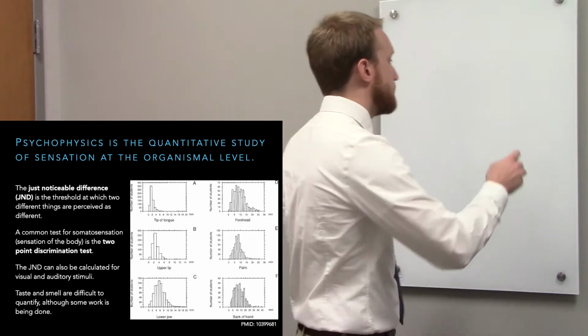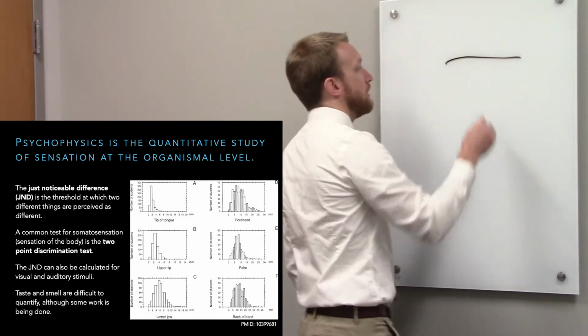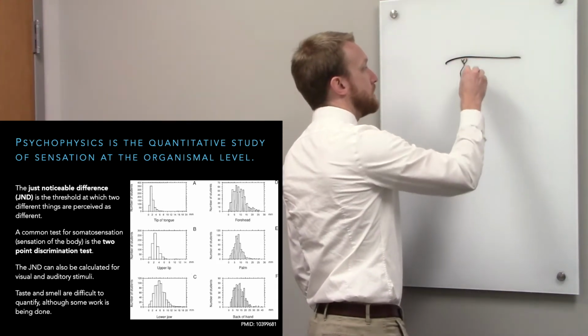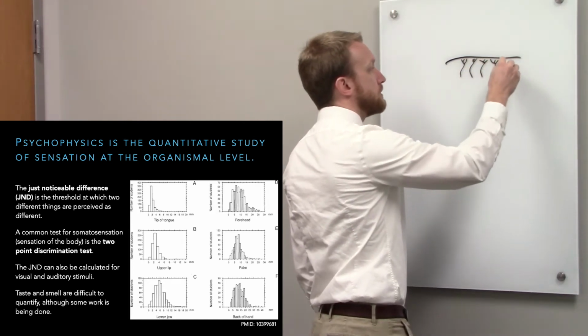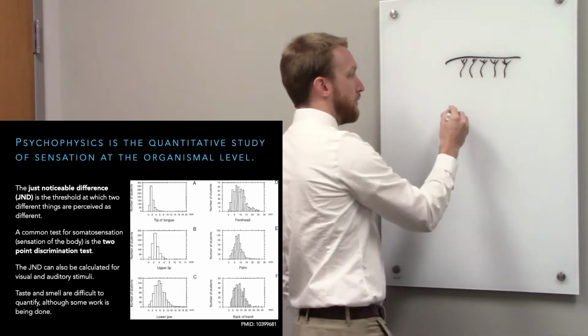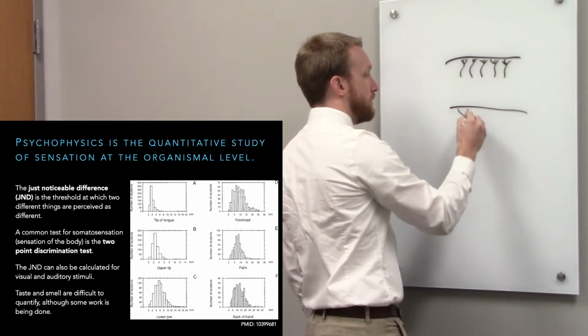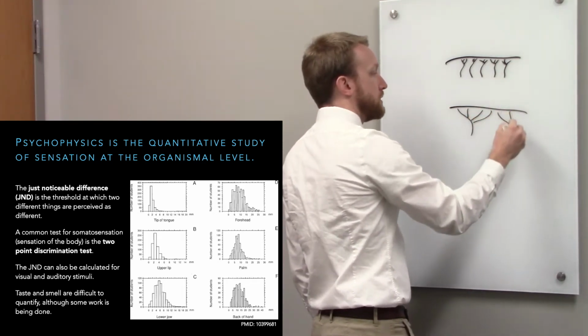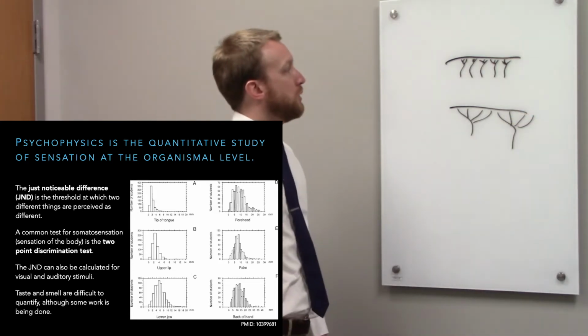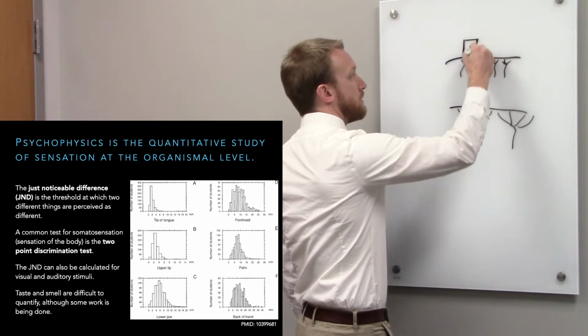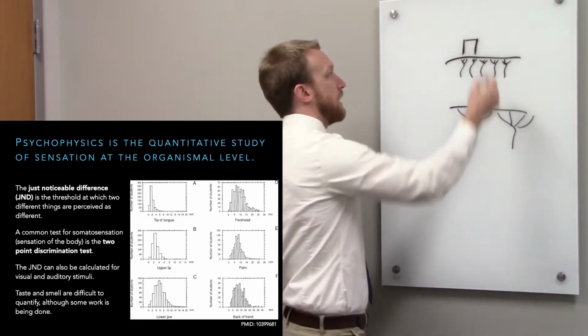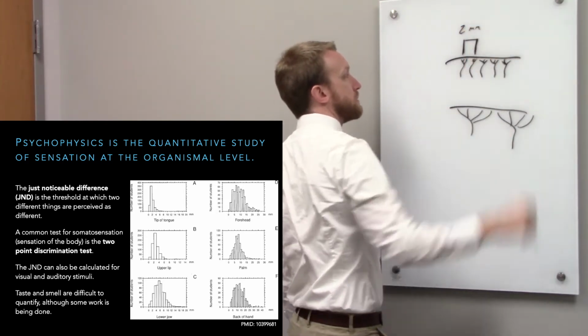So if we think about the density of innervation of the skin, if we have high density innervation by different nerve fibers, so in this case 5 nerve fibers, and down here let's say only 2. Well, our 2-point discrimination test is going to work if we spread our calipers out, let's call it 2 millimeters or something like that.